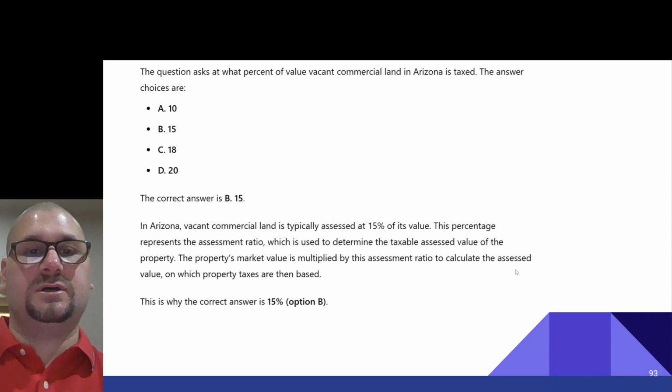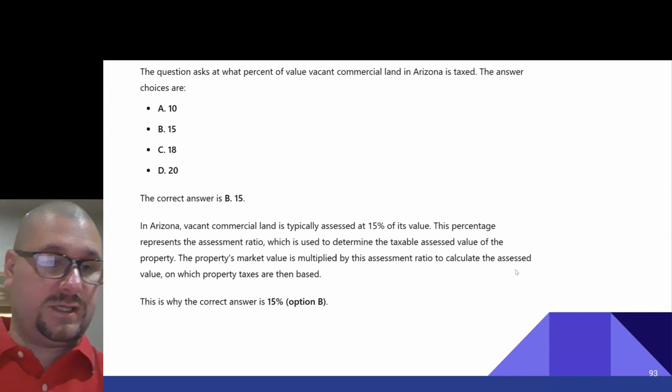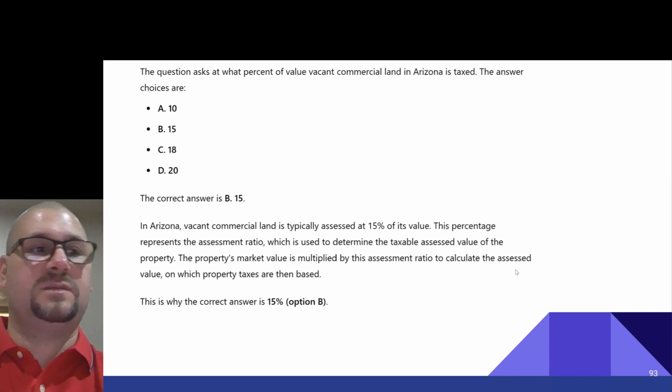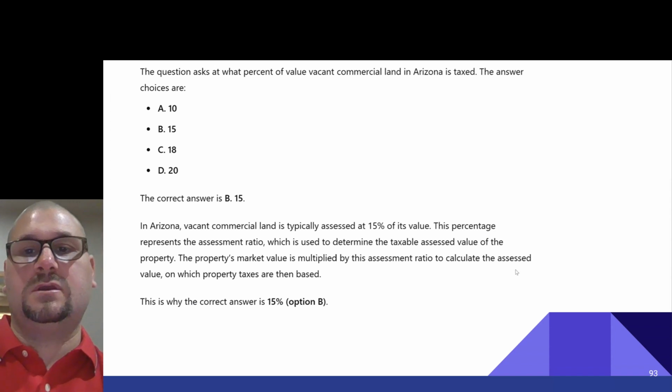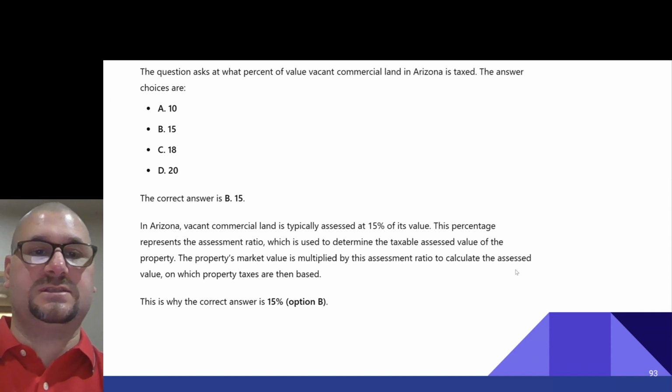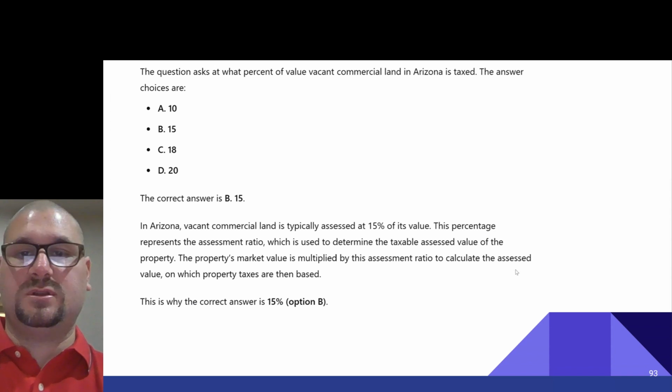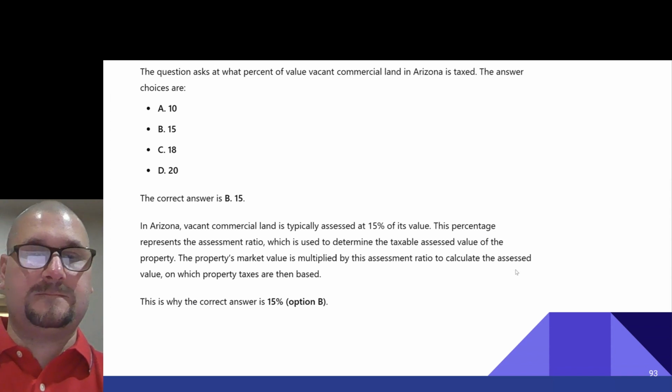In Arizona, vacant commercial land is typically assessed at 15% of its value. This percentage represents the assessment ratio, which is used to determine the taxable assessed value of the property.